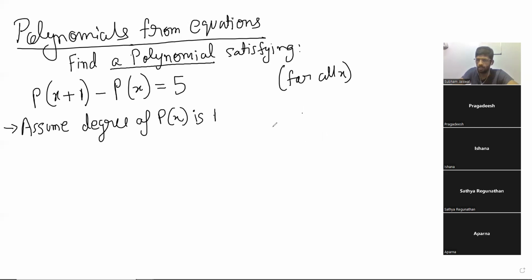But the easiest thing you can do is just assume that P of x is ax plus b. Assume that you don't know anything, just P of x equal to ax plus b.